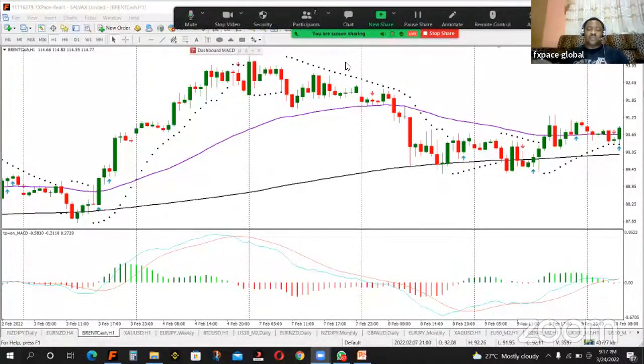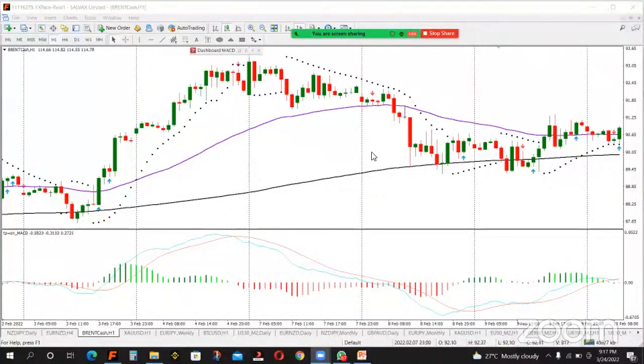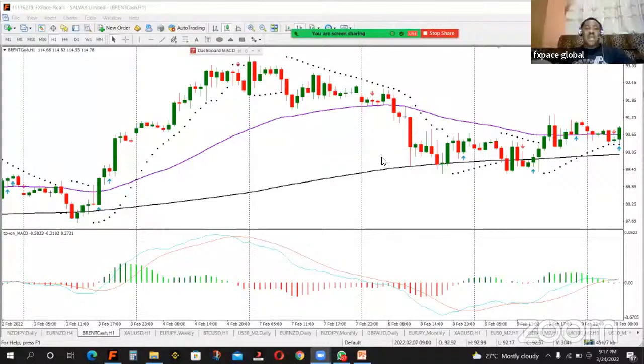So if I say, for example, 10 exponential moving average, it means that whatever time frame you are on, if you plot a 10 period moving average on your chart, what you are telling the system is: what has price done within the 10 candlesticks that have passed, what is the average of price within those 10 candlesticks?